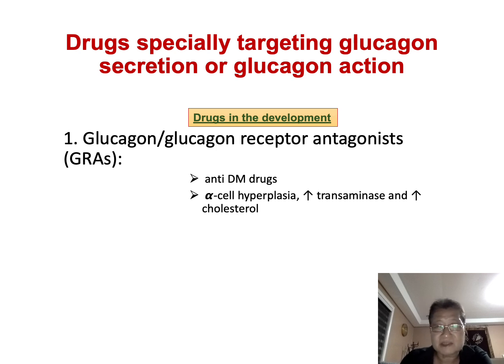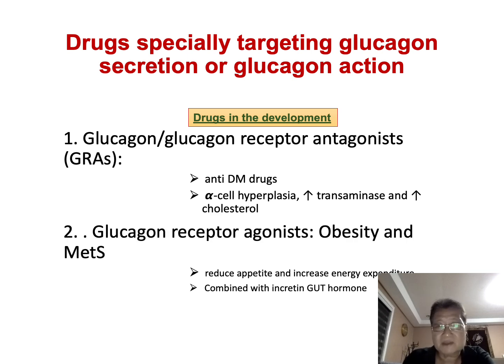Several adverse effects are hampering this approach, including compensatory expansion in the alpha cell mass, alpha cell hyperplasia, increased levels of hepatic transaminases, and increased cholesterol level. And many of these developments have been terminated.